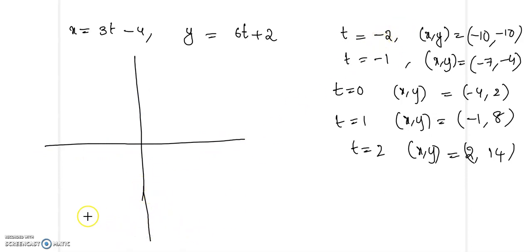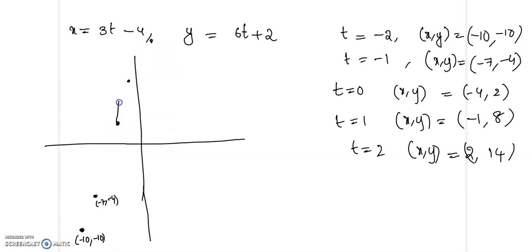When t is 2, you have the point, so let this be (minus 10, minus 10), then we'll have (minus 7, minus 4), and then we'll have (minus 4, 2), somewhere here, and then we'll have (minus 1, 8), and then we'll have (2, 14), that will be here.